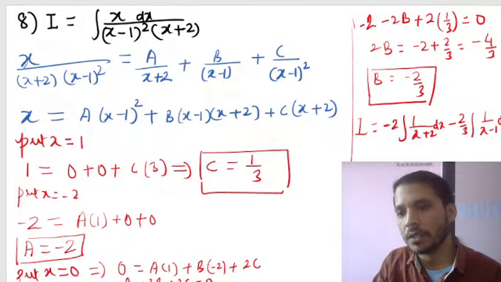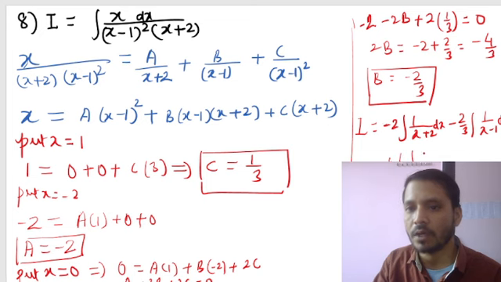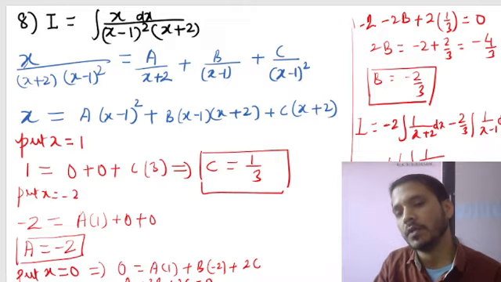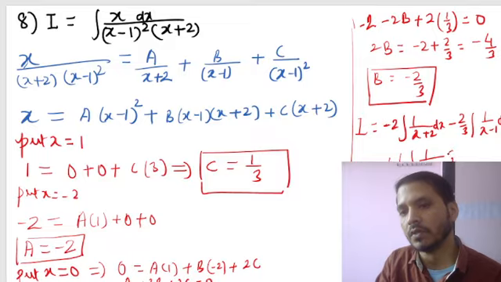Now last one, plus C, and C is equal to plus 1 by 3, so 1 by 3 outside, integral of 1 upon x minus 1 whole square dx.